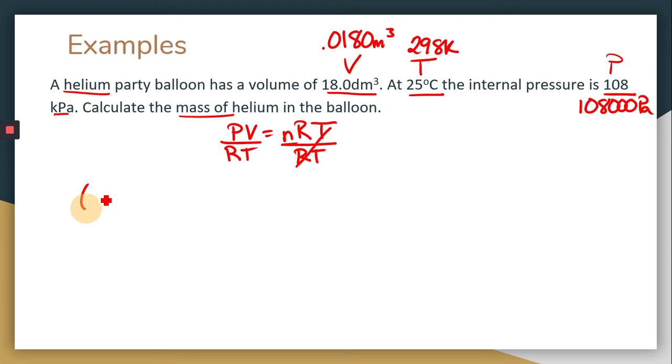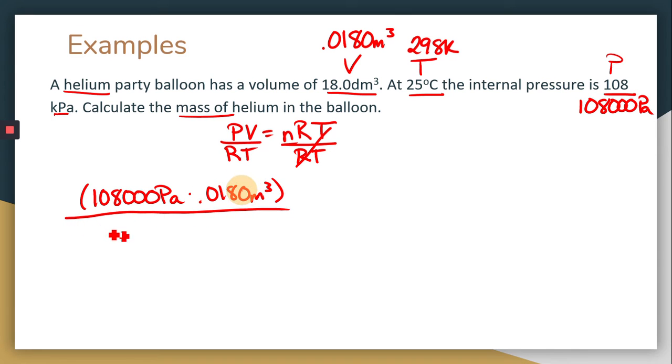So we have the pressure times the volume divided by, remember R is the gas law constant, 8.31 joules per Kelvin mole, and then that's going to multiply by the temperature. Make sure that when you type it into the calculator, you use your parentheses so that it is multiplying before it divides.